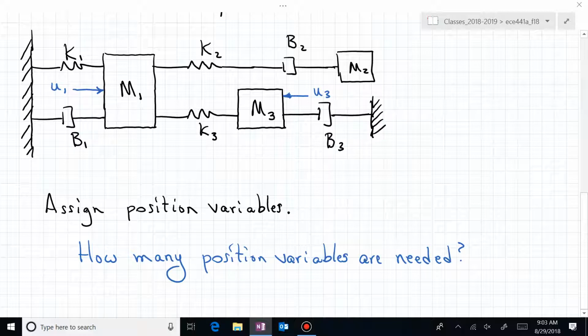When I ask about position variables, what you can keep in mind is which points can move independent of the others if all the other points were held fixed. That's how you can start to determine how many position variables are needed to model this set of dynamics.